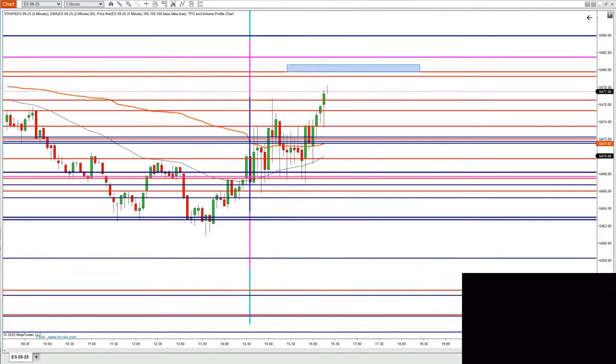I'm moving my stop loss to break even. I have one long left now.